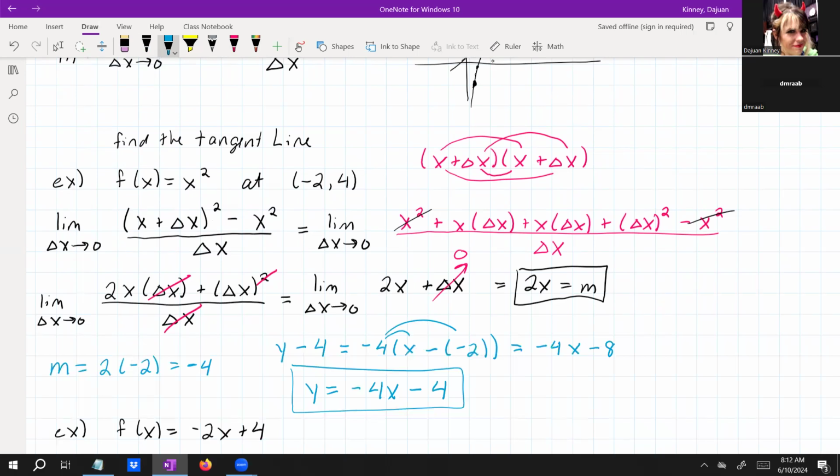Pretty straightforward. Well, semi-straightforward. The big thing, if you don't like delta x, because it looks really weird in your equations, it's kind of confusing sometimes, it's sometimes common to use h instead.